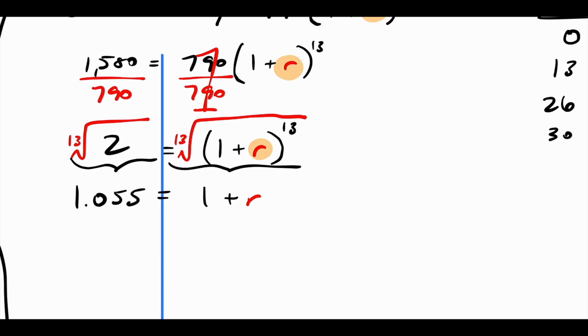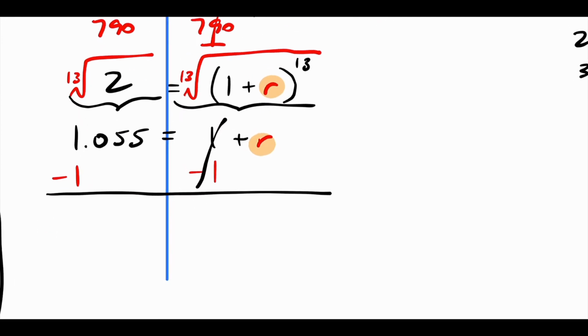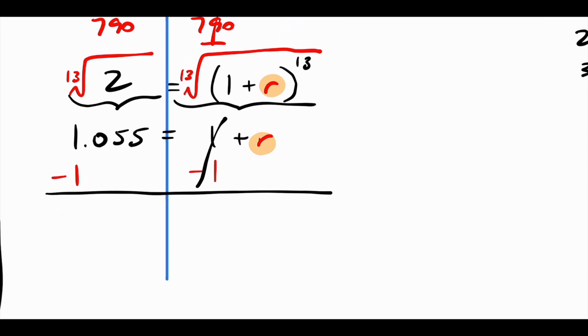Still got to get R by itself. So I'm going to subtract 1 from both sides, 1 whole from both sides. When I subtract 1 whole, I'm just left with the decimal.